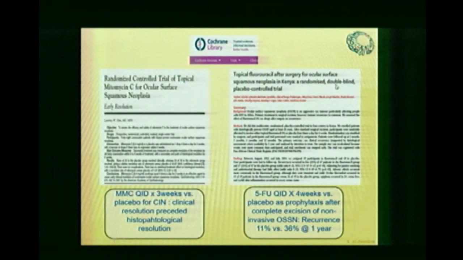So what they did in Kenya is that they used the 5-FU for all their excised tumors for a period of 4 weeks for one group, and the other group placebo. But they've done a 4 millimeter tumor-free margin. They've used all the protocol carefully to avoid any recurrences, but they use this medication as what we call chemoprophylaxis.